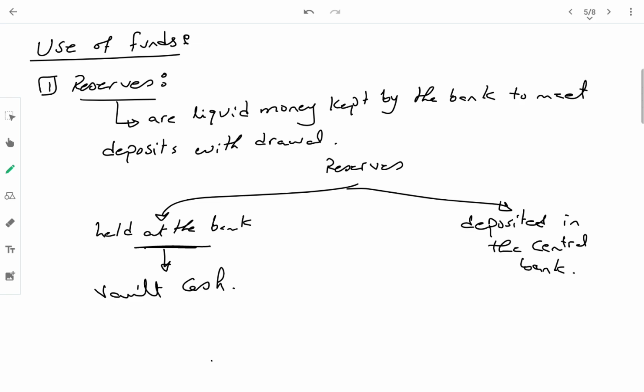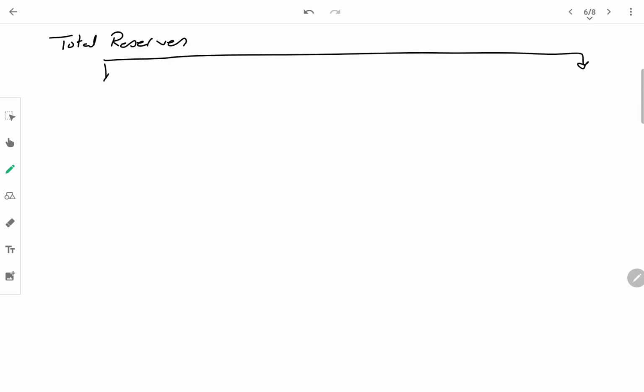There are two different types of reserves, or total reserves can be divided into two main types: required reserves and excess reserves.